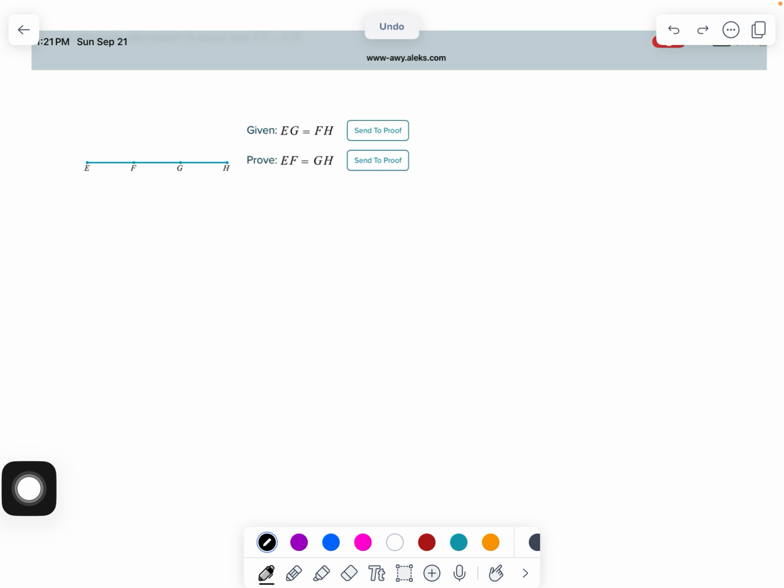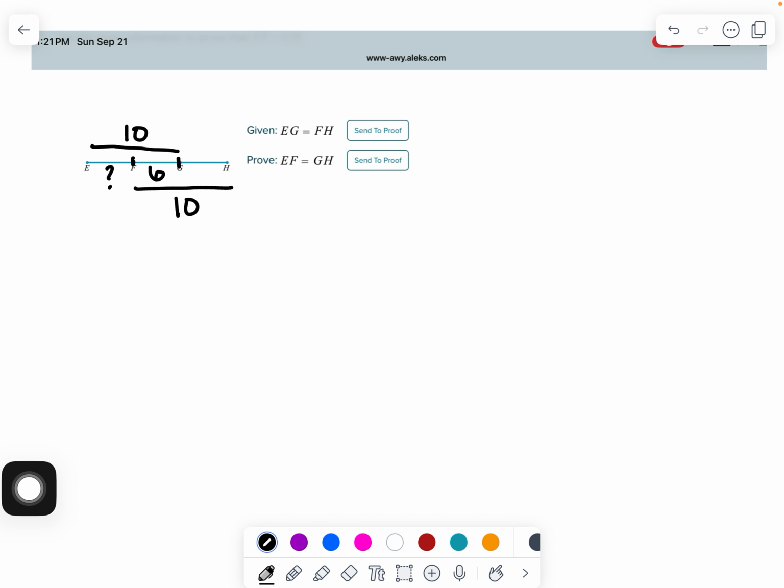So if I can't think my way around it, if it's not making sense, then I give myself some numbers. Let's say this was 10 units long and FH was 10 units long. And what if FG was 6 units long from here to here?